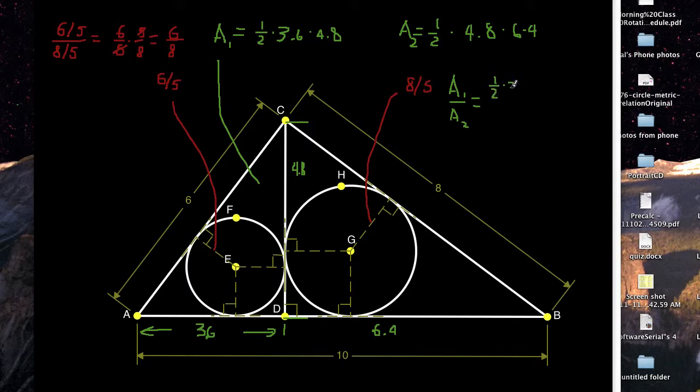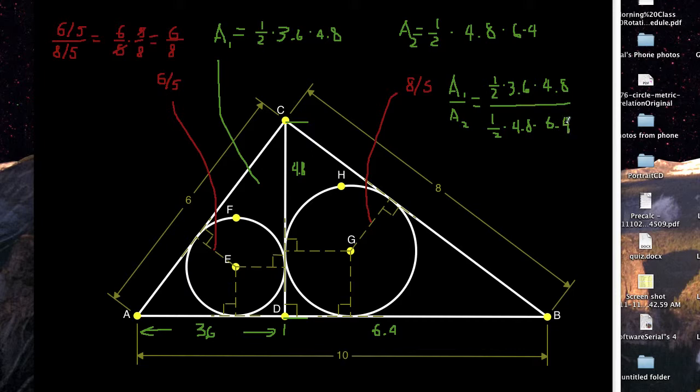So that's 1/2 times 3.6 times 4.8, divided by 1/2 times 4.8 times 6.4.